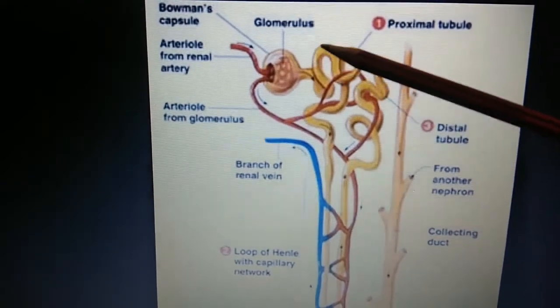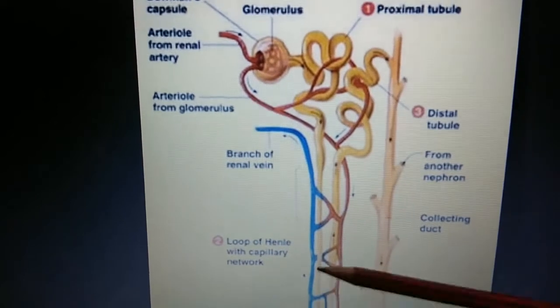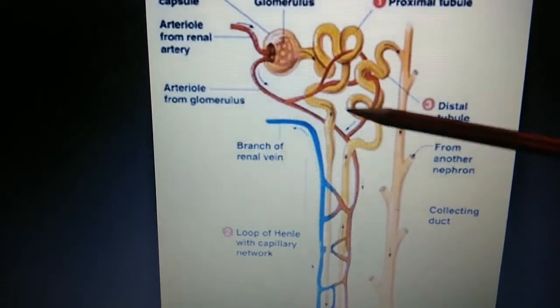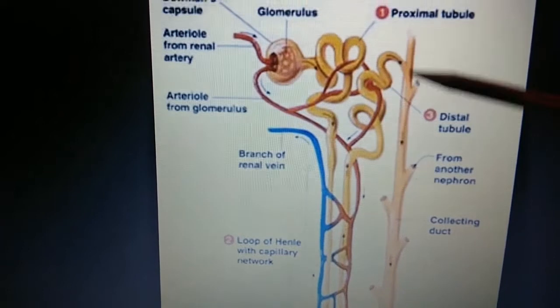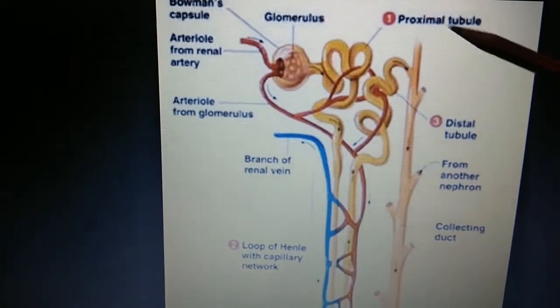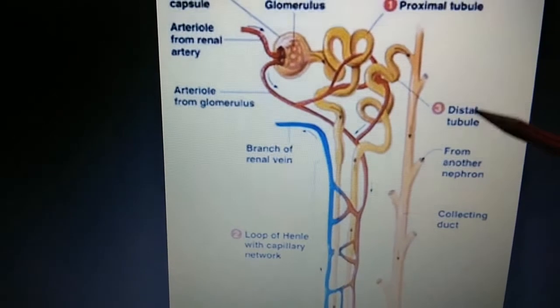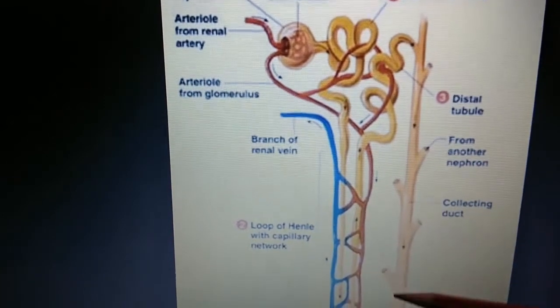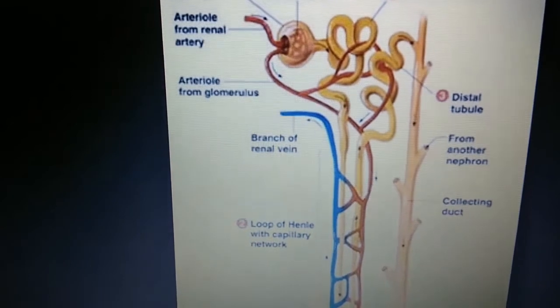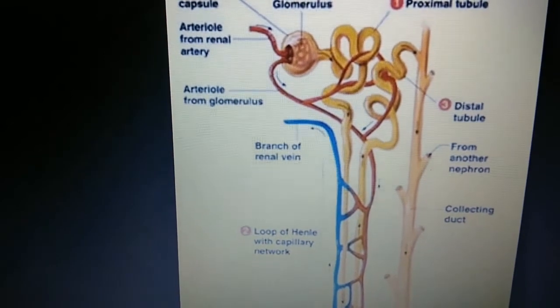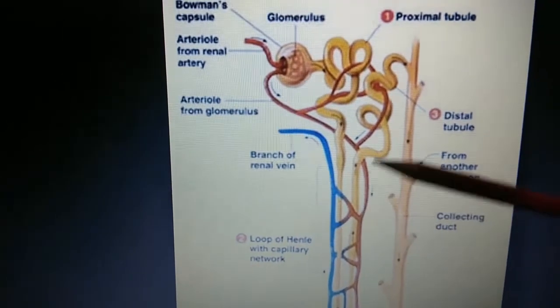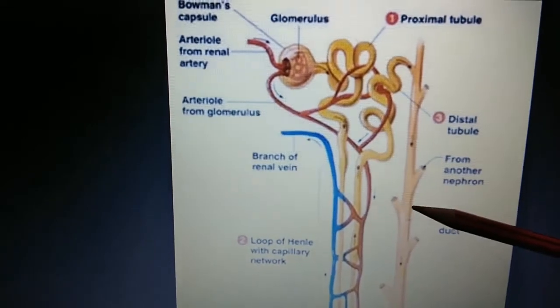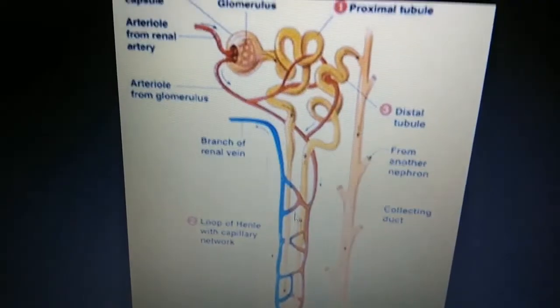The nutrients, ions, proteins, glucose and amino acids are reabsorbed by the proximal tubule, loop of Henle and distal tubule. And finally, the urea and creatinine are passed out of the kidney. So the kidney is helpful in removal of nitrogenous waste, that is urea, creatinine and ammonia.